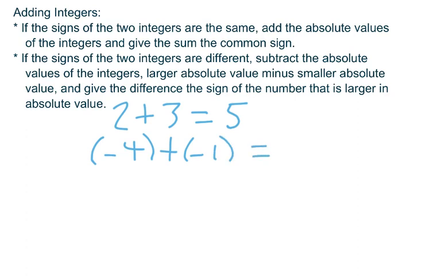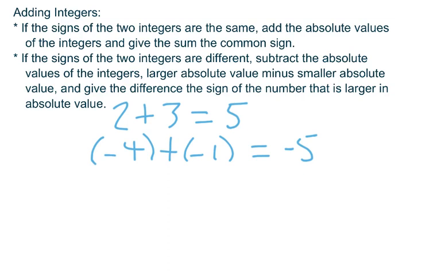These also have the same sign. If we add the 2 absolute values together, absolute value of -4 is 4, absolute value of -1 is 1, 4 plus 1 is 5. But we give the answer the common sign. They're both negative. So this is what we do if the signs are the same. Add the absolute values and give the sum the common sign.